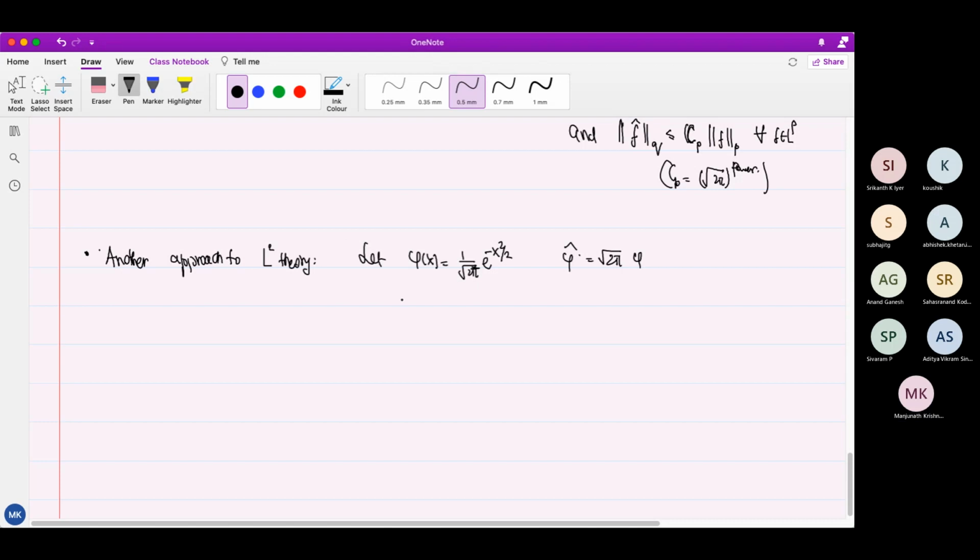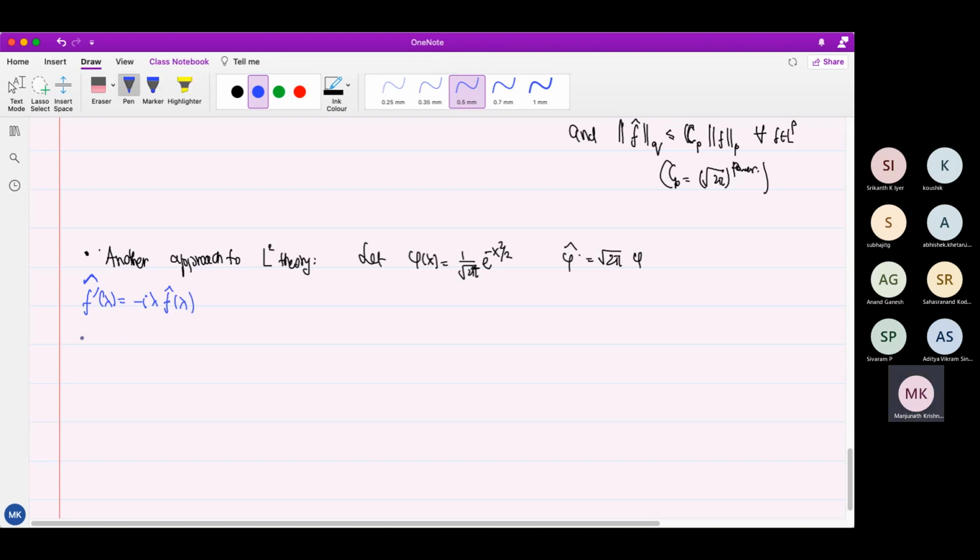Now, we also know two things. Let me write that here. What is f dash hat of lambda? If f is in L1, and writing without all the conditions, it is always minus i lambda f hat of lambda.